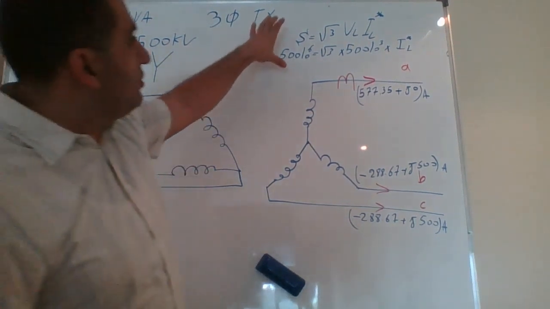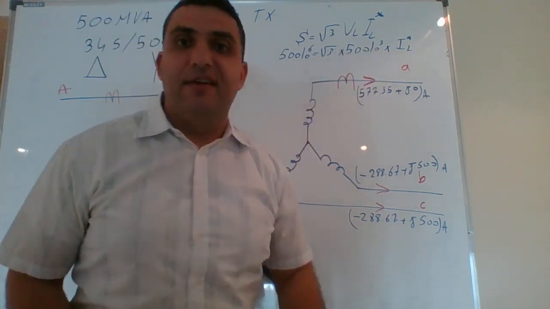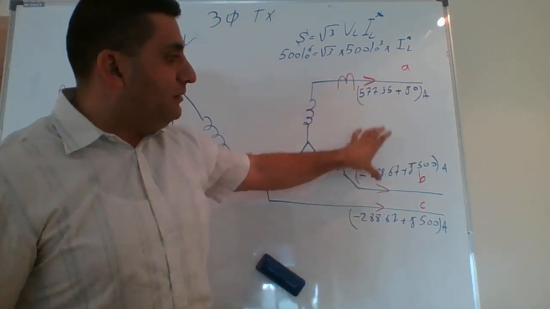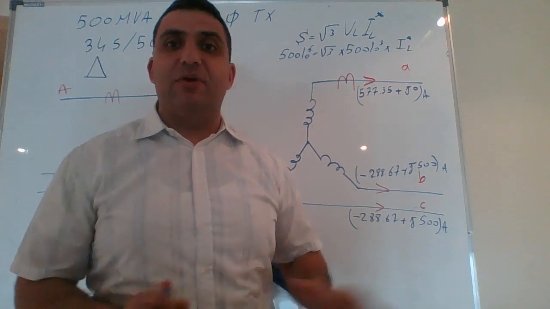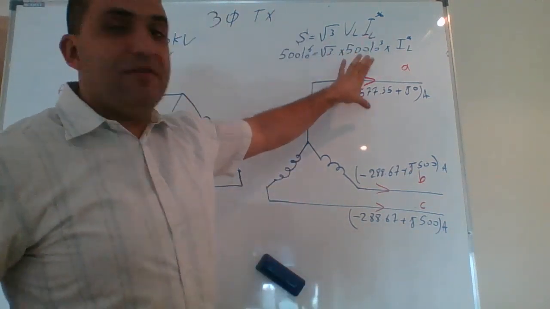I did the calculation. I used phase A as a reference. I mean, phase A has a 0 angle. Then I added minus 120 and plus 120 degrees. That's what I did, so I applied this equation. Phase A is a reference.